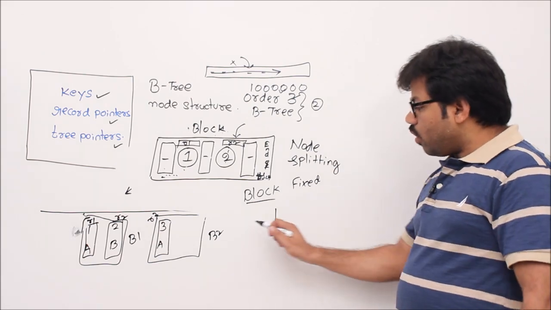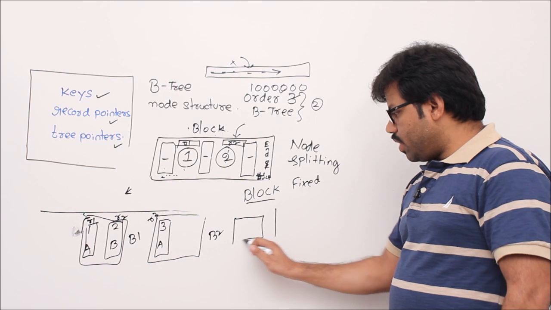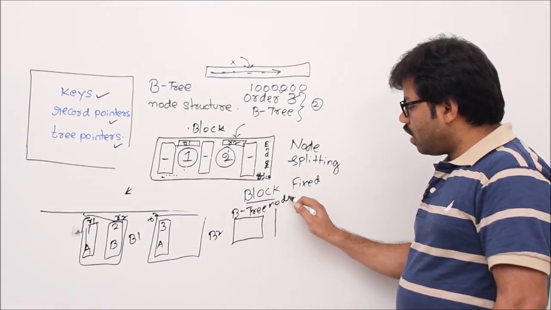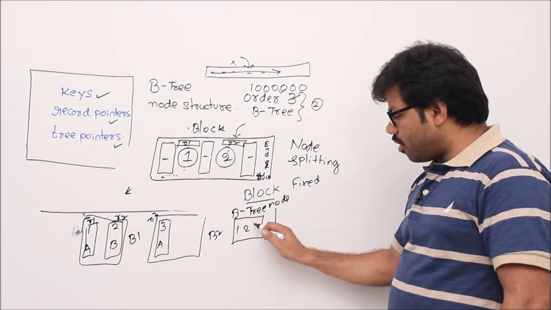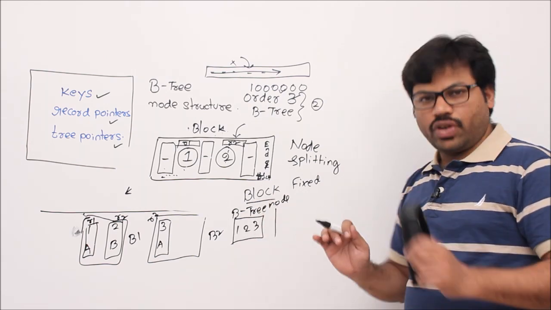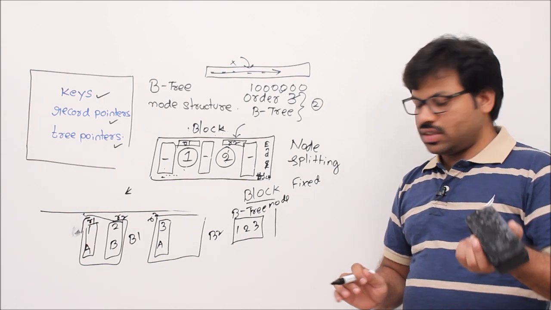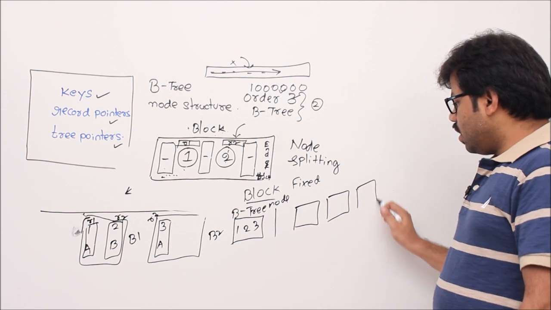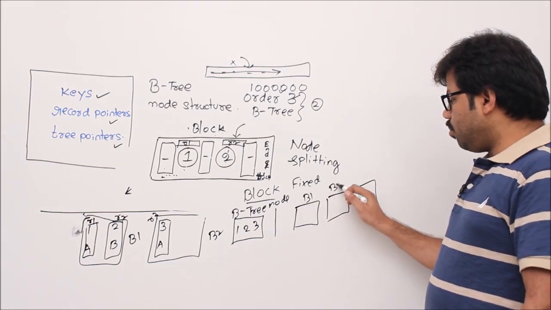This is your logical B tree node. It has some data like 1, 2, 3, and where we store it is the question. The storage we have in DBMS is just blocks, so we have to store your data in blocks.